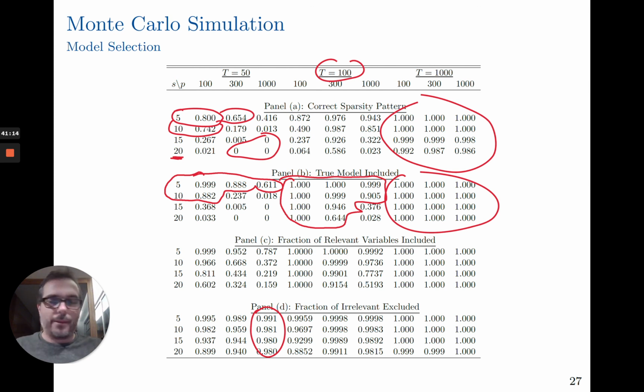If you have only 50 observations and 20 variables are relevant, that would be impossible to correctly estimate, right? It's too ambitious. But apart from these cases, we are doing pretty well.